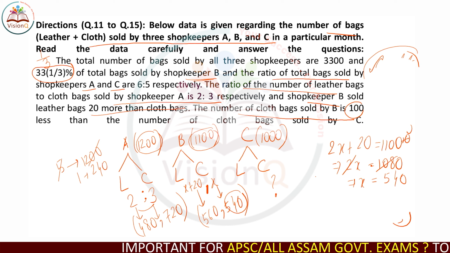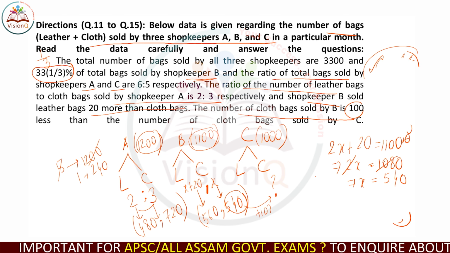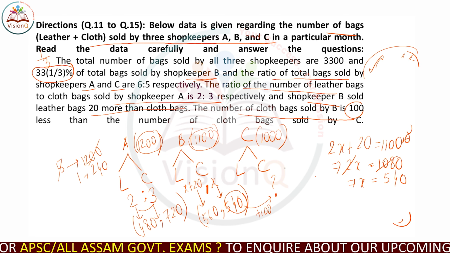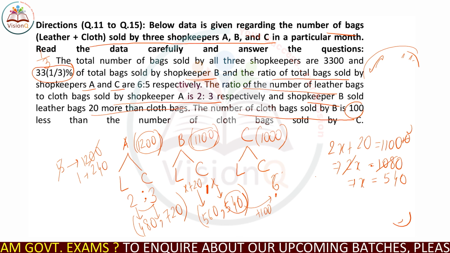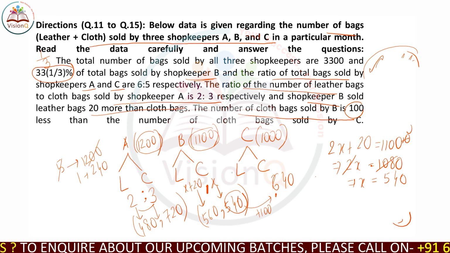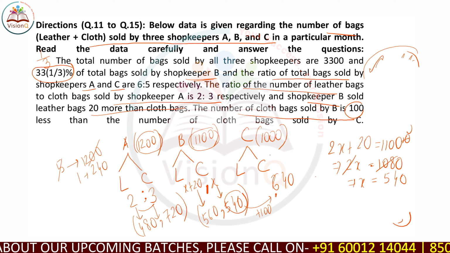So if I add 100 to this 540, I will get the number of cloth bags sold by C, which will be 640.